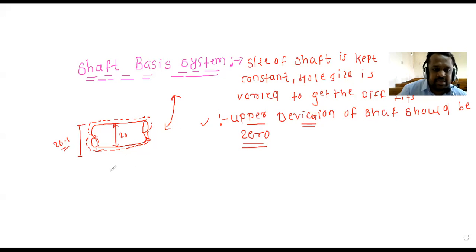So if our shaft is manufactured like this, suppose we have manufactured the shaft like 19.19 in the shaft basis system.